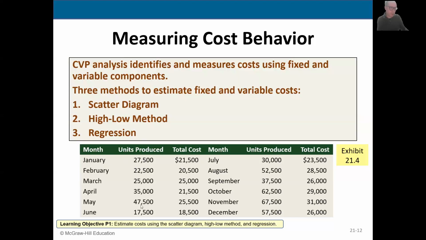Based off of number of units produced on the x-axis, and on the y-axis we'll have our total cost. Now, you already know, hopefully, you can do this in Excel pretty easily. You just drop this data in, highlight it, and tell it to make a graph or chart, and it'll do it, right? So I want to show you what this looks like.